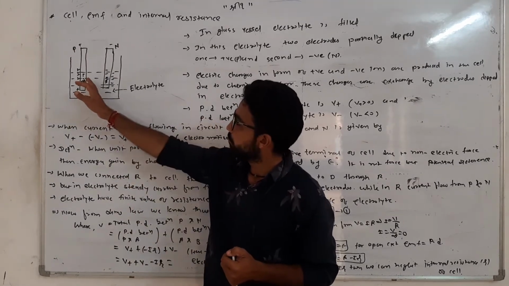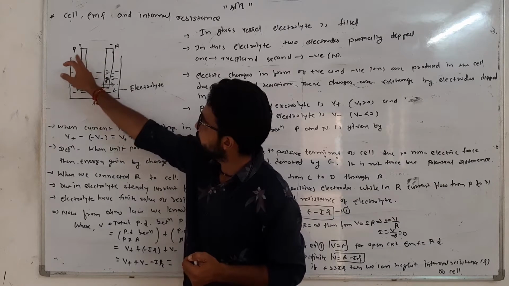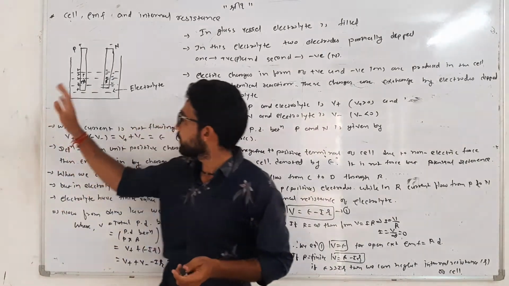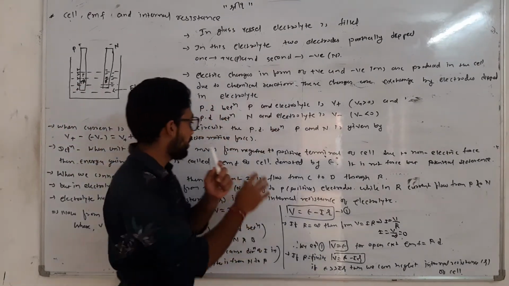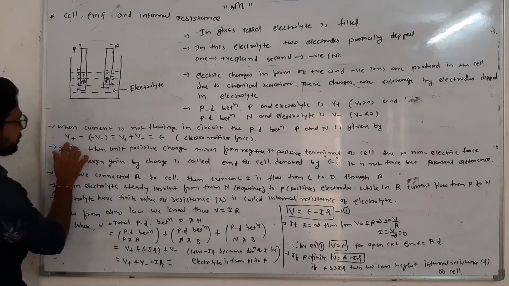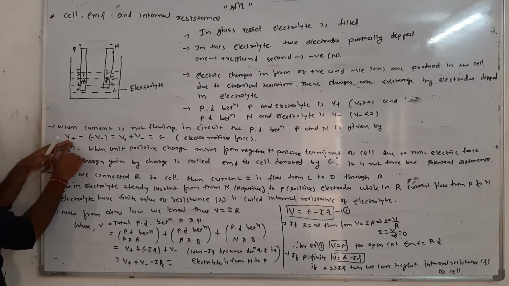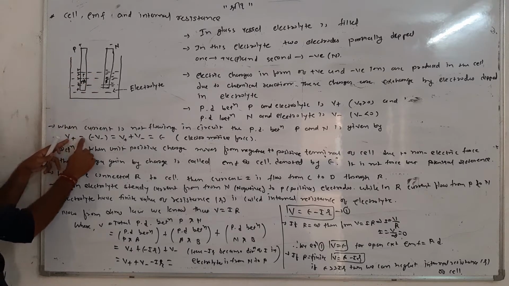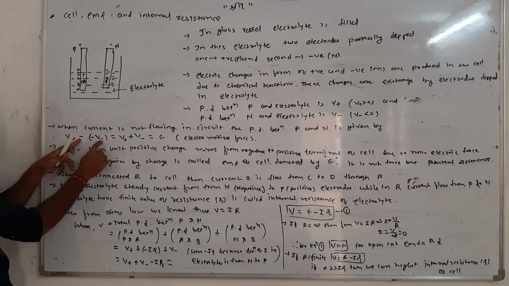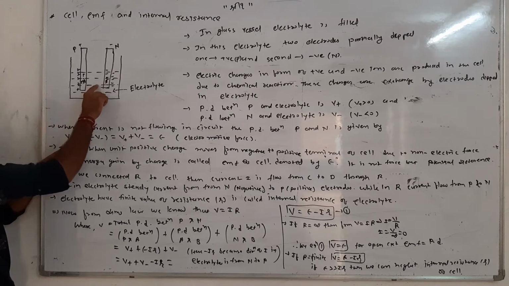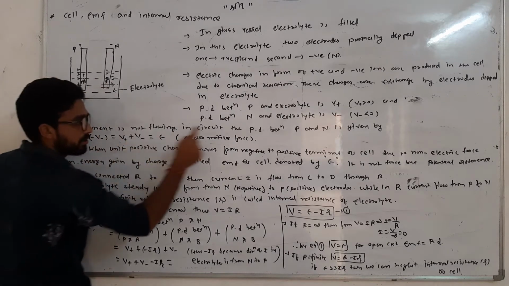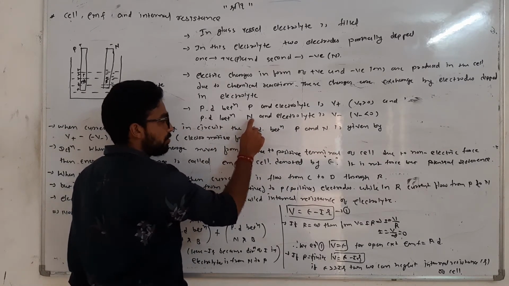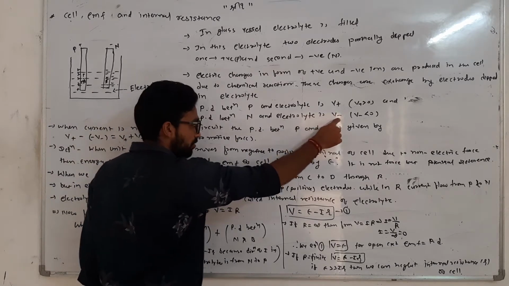We try to find out the potential difference between these two electrodes when no external circuit is connected. It is the potential difference between the positive electrode and the electrolyte, V plus, minus the potential difference between the negative electrode and the electrolyte, V minus. Here you can see this value is positive, but the potential difference between the negative electrode and the electrolyte, V minus, is negative.